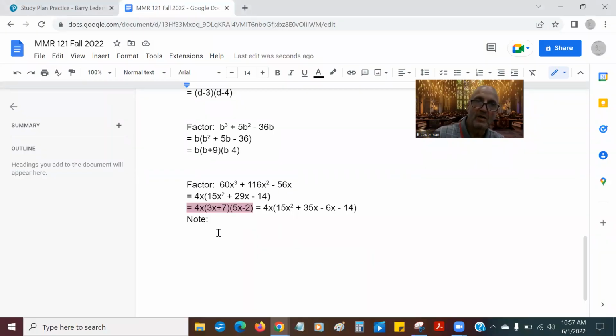I just want to make a little note here that to achieve that 15x squared, I said 3x and 5x. It could have just as well been 1x and 15x. And I wanted to achieve that 14, so it could have been minus 14 and then plus 1.